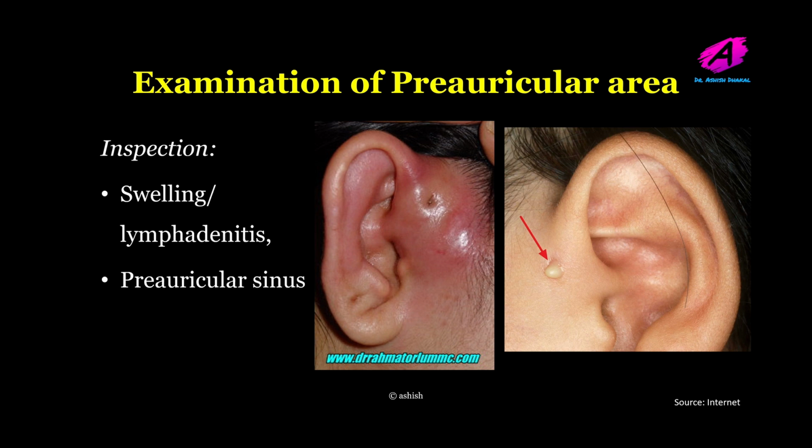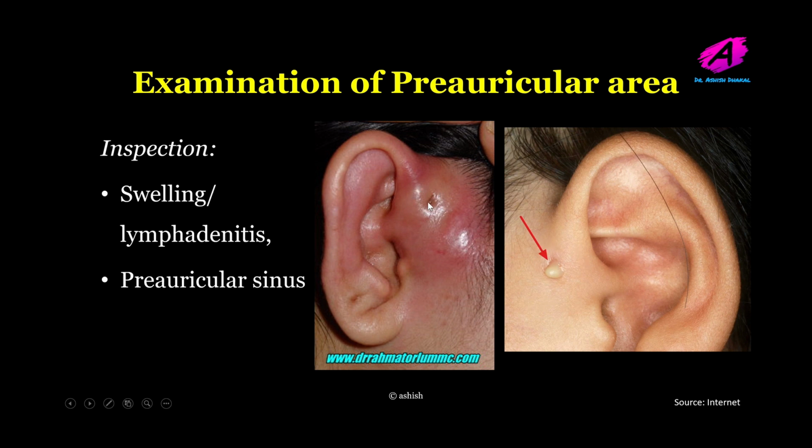In inspection of the preauricular area, check for any swelling or lymphadenitis in this area. Check for preauricular sinus, which is more common here. The preauricular sinus may have varying symptoms or presentation. Here you can see the preauricular sinus with discharge coming from here, but no signs of inflammation.